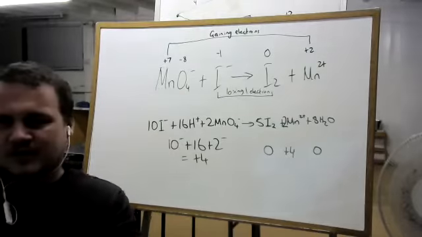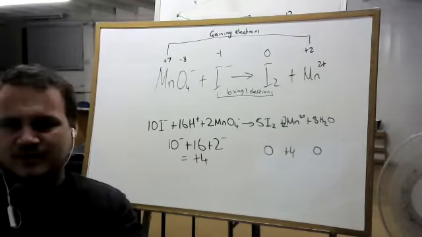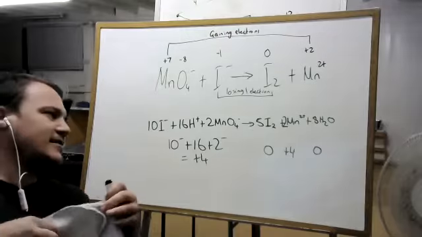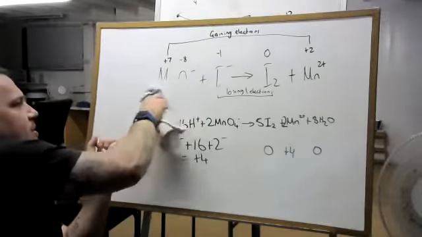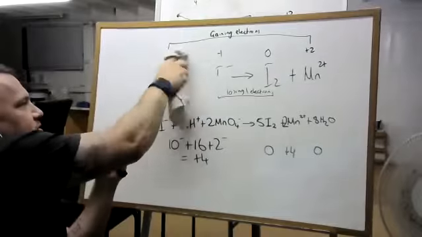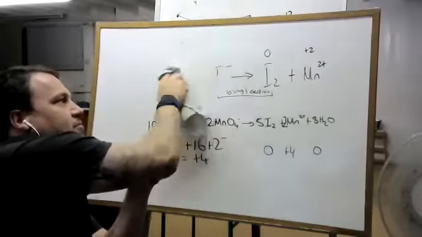You'll know from when you've looked at electrolytic cells and electrochemical cells in class that they can occur in a basic and an acidic solution. Who remembers their acid and base chemistry? What makes a solution basic?